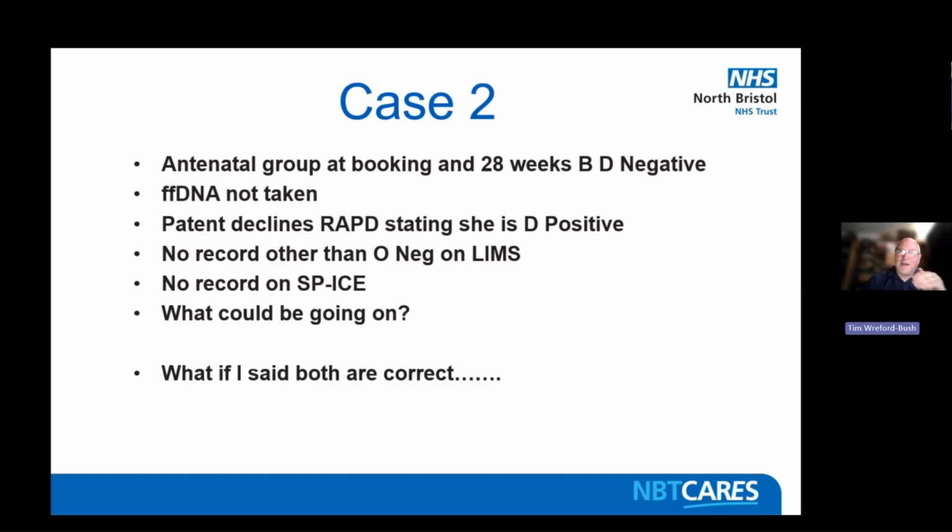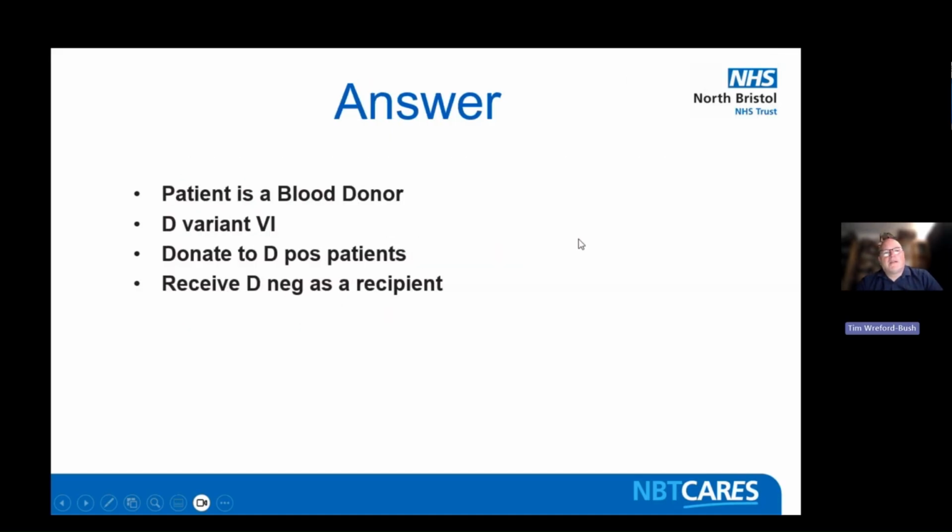So this is a case we had. I've seen it probably about half a dozen times, maybe a dozen times, where people say, "No, I'm confused. My blood group is D positive, O positive, etc." And actually both are correct. It turns out that this patient was a blood donor, and there are variant D types. When you donate, NHSBT check to see for variant D because they want to call them D positive.